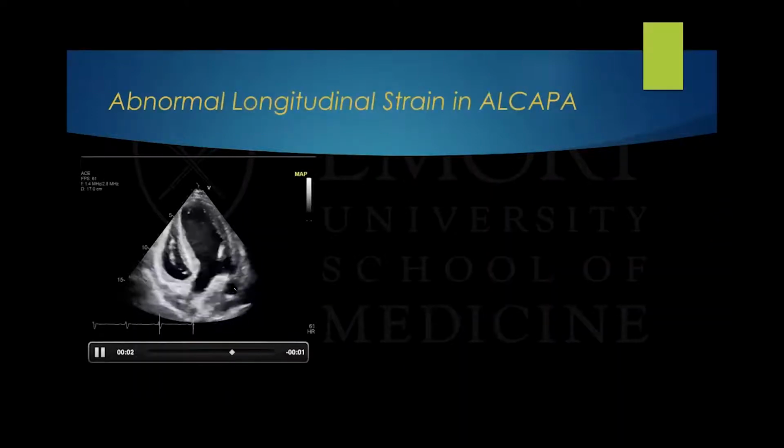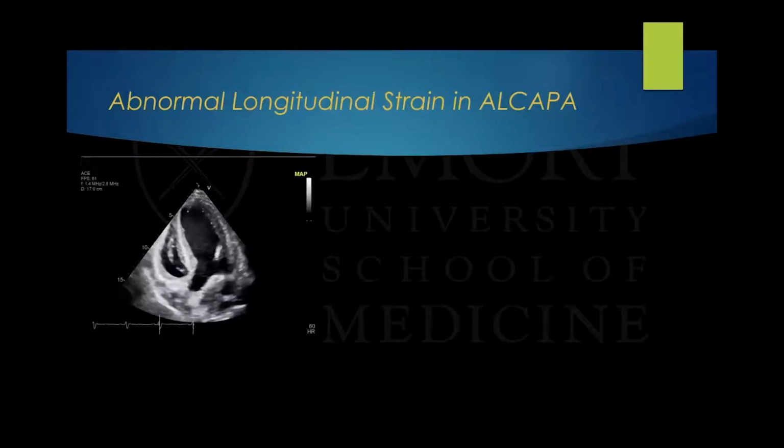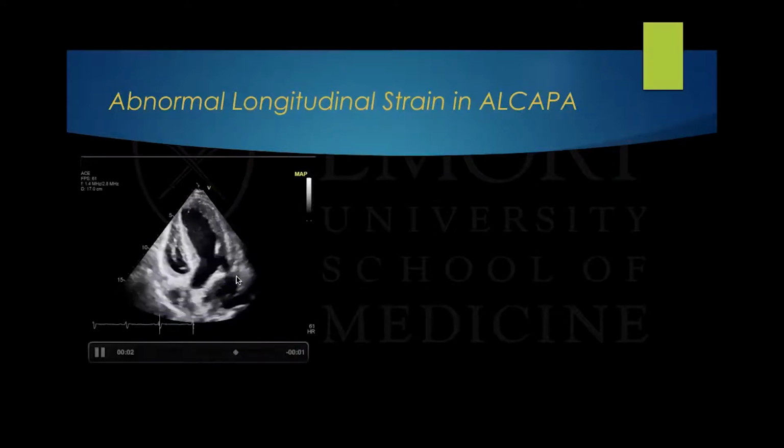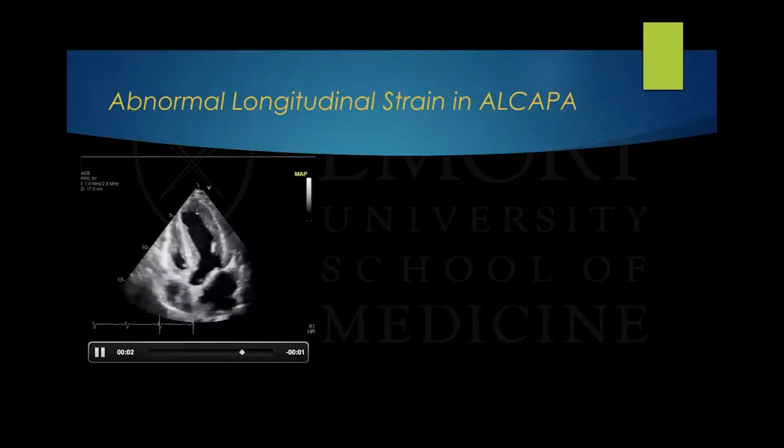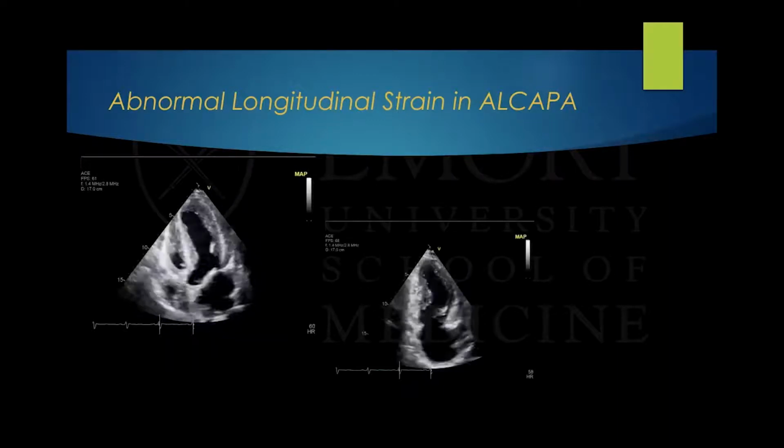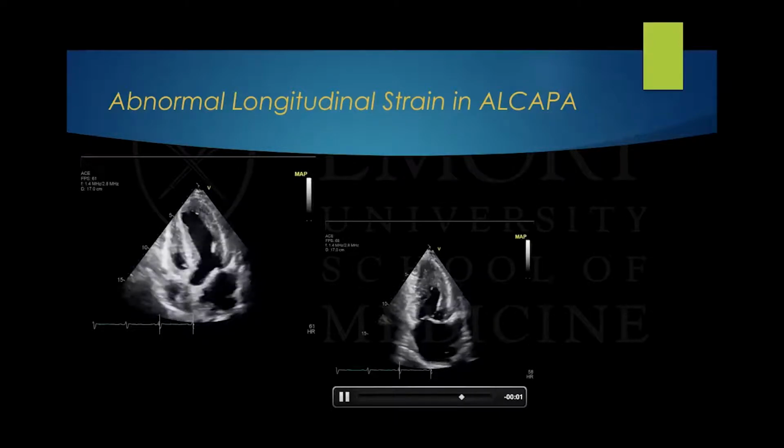And in this case, the apical four-chamber view shows a relatively normal ejection fraction, but there is a bright echo density along the papillary muscle, and this is due to ischemia from the hypoxia due to the ALCAPA. The two-chamber view also shows this bright echo along the anterior wall.